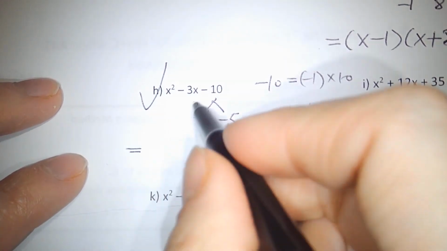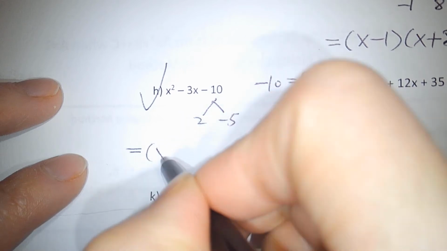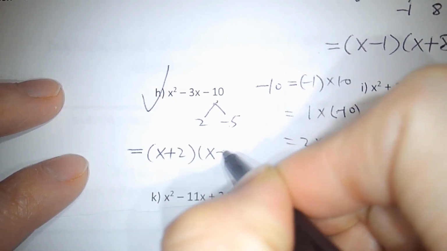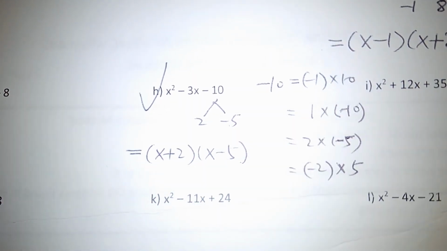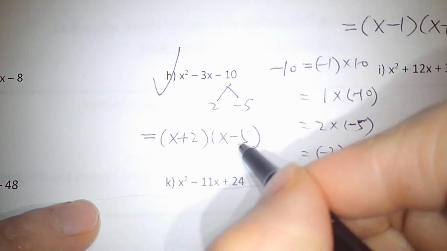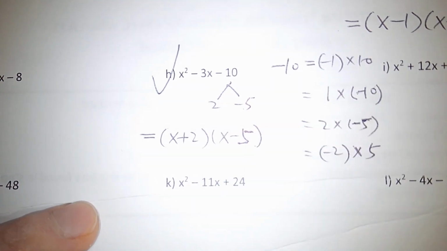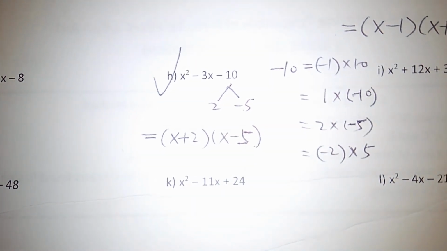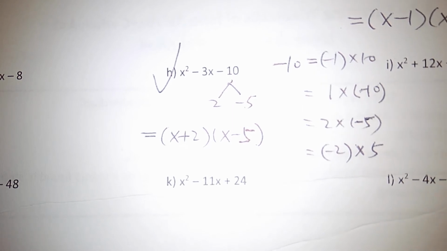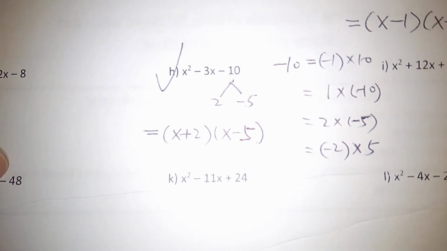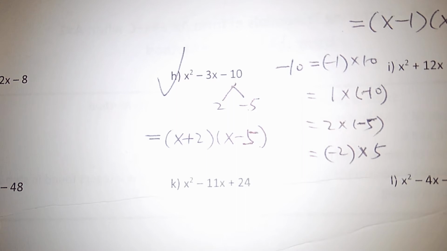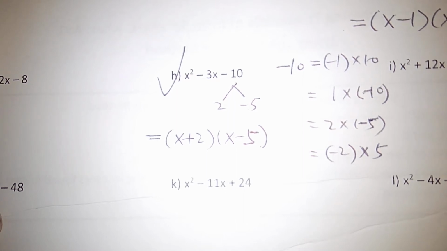So we can rewrite this as x plus 2 times x minus 5. Alright, so the idea is pretty straightforward, right? Just factor the c such that the sum of those two factors equals b. That's it.